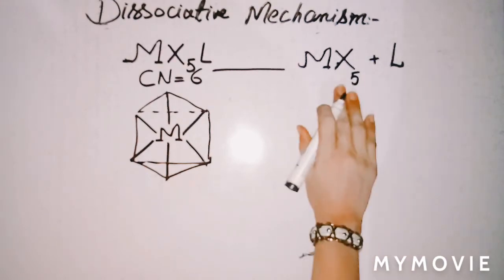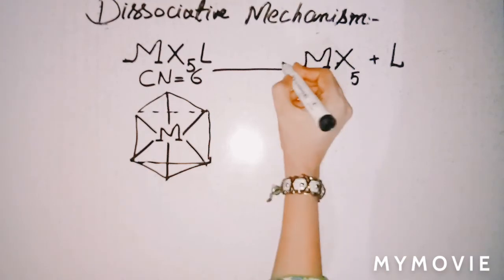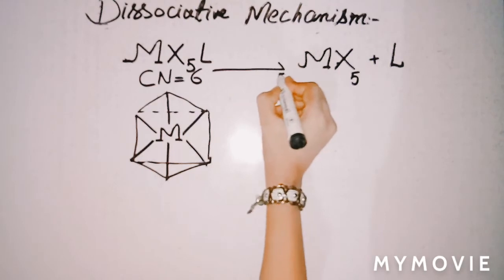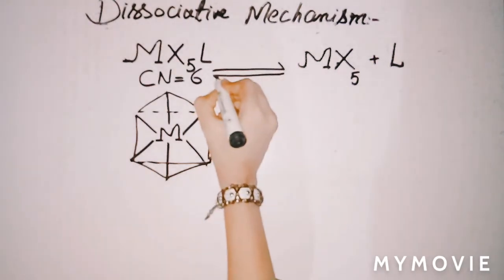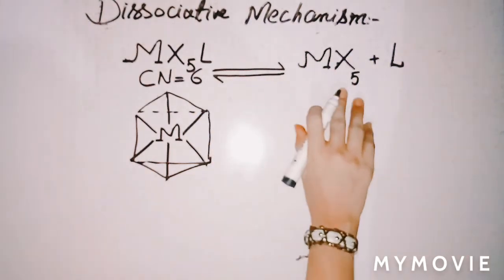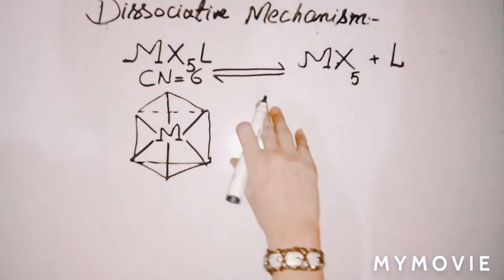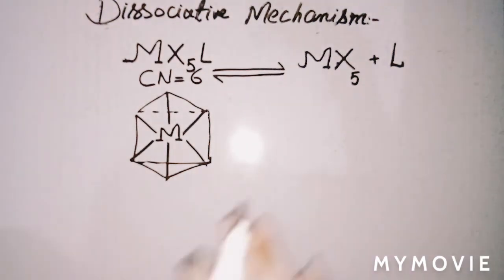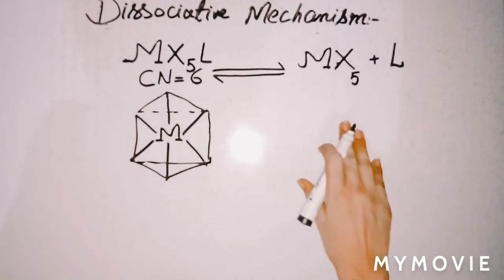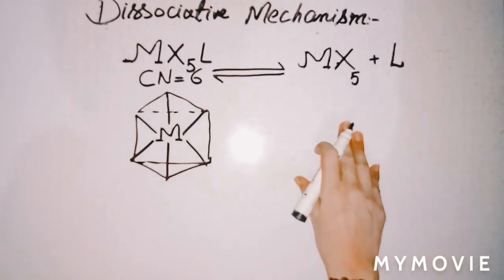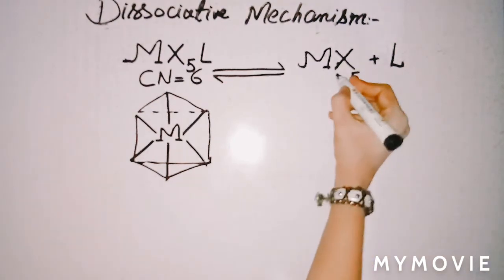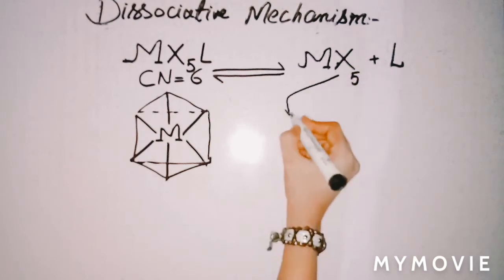This intermediate is less stable, so this step is a reversible step. In this case, the formation and decomposition of the reaction intermediate will occur. In case of coordination number 5, the geometry of the intermediate has two possibilities.